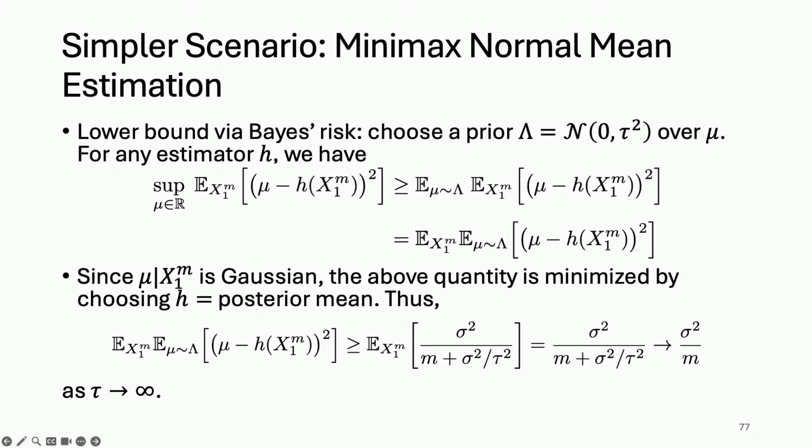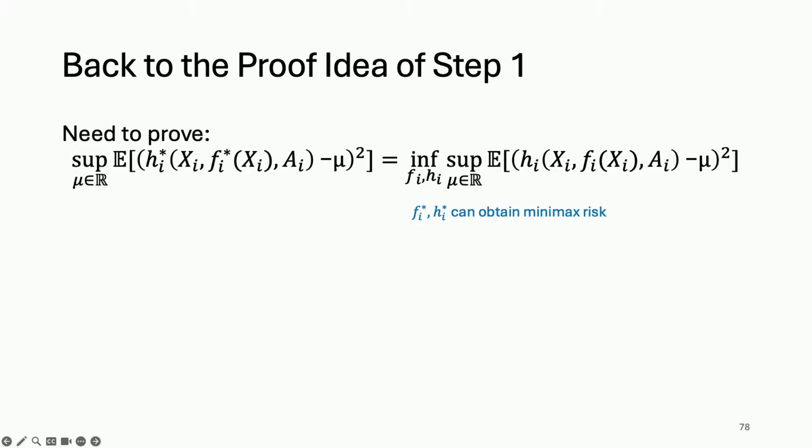So by combining this, they can show that in the IID setting, using H being simply the average, they can achieve this minimax risk. So now, in their setting, they want to show that the combination of F star sub I and H star sub I can obtain this minimax risk.